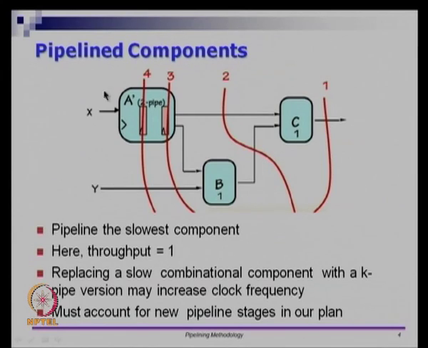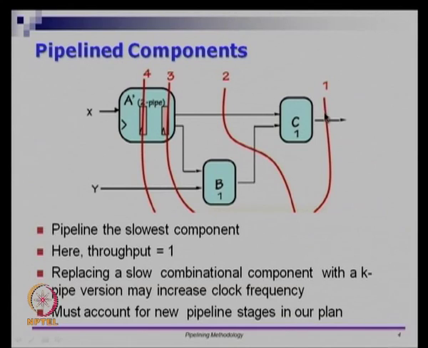So, that is still not reducing the latency. The latency is not only in this single blob, it is also in the path B and C. However, if I place flip flops in all these locations, let us see what is done.